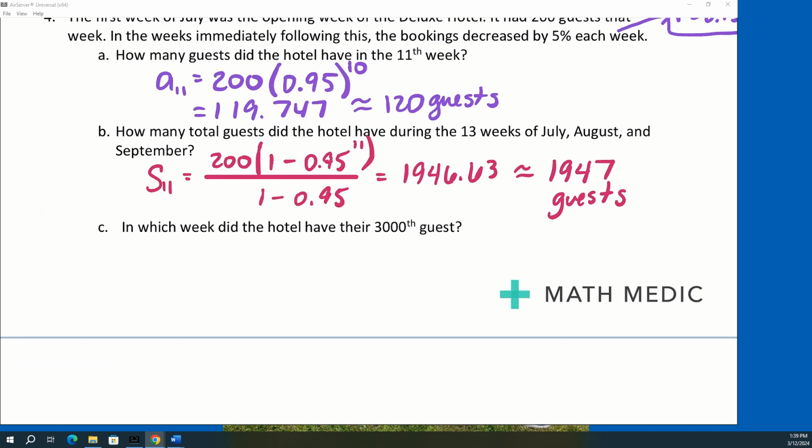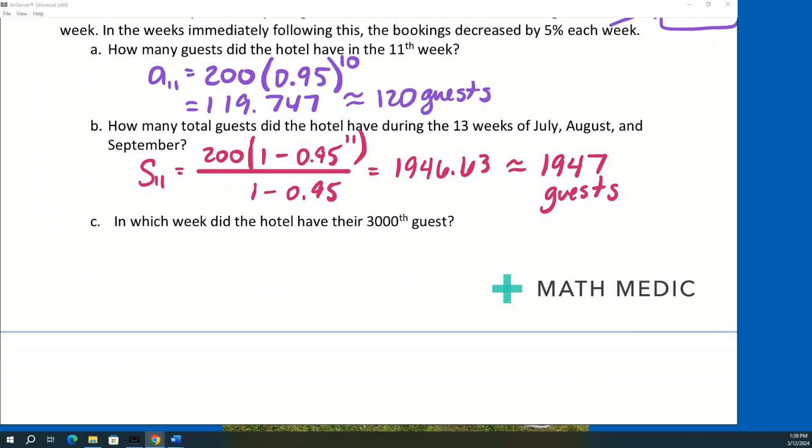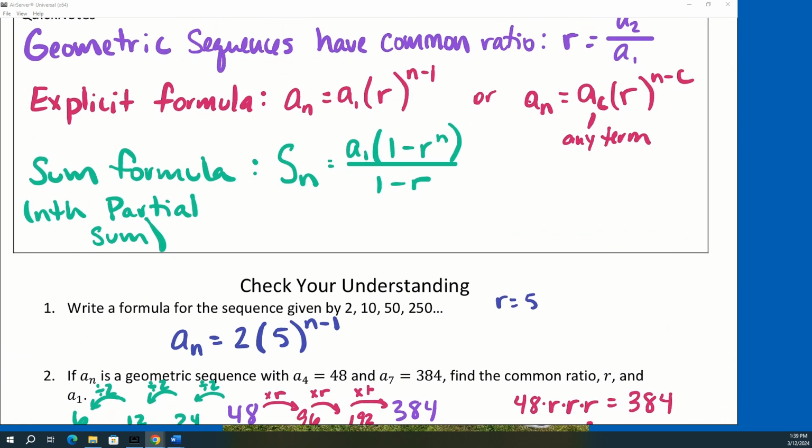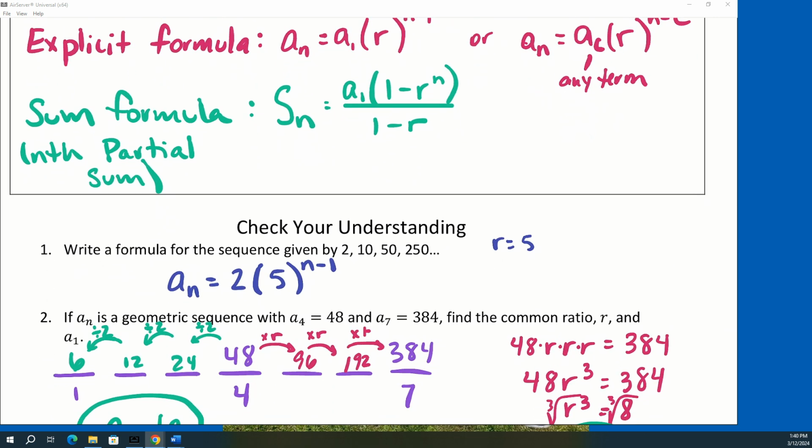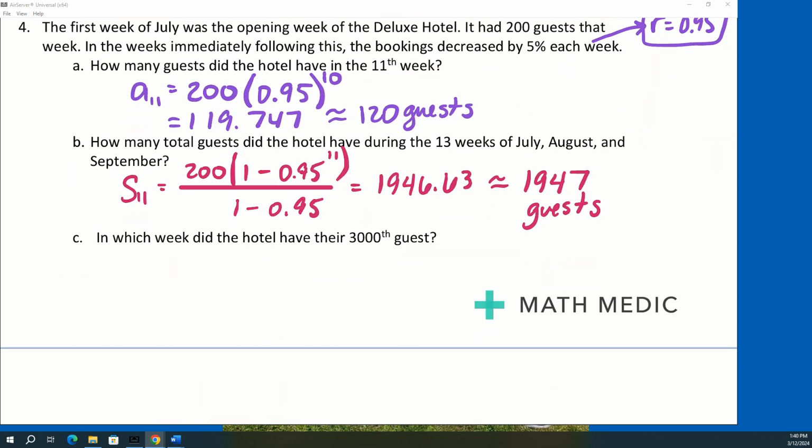Okay, and then this last one, we want to know which week did the hotel have their 3,000th guest? What do you think? Are we going to use the red or the green formula? Green. So we're adding up all the guests that they have ever had, the 3,000th guest. So it's going to look similar to this one, except we're going to put in 3,000 for the S sub whatever.